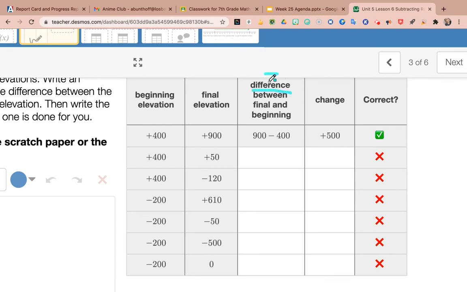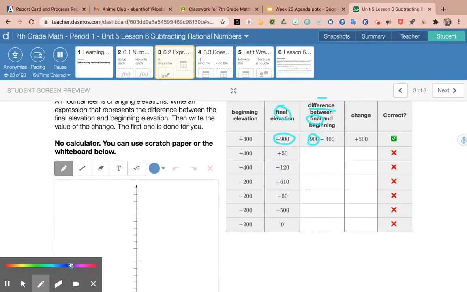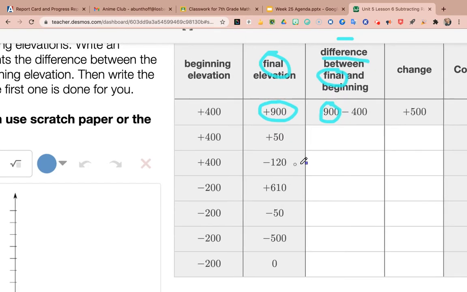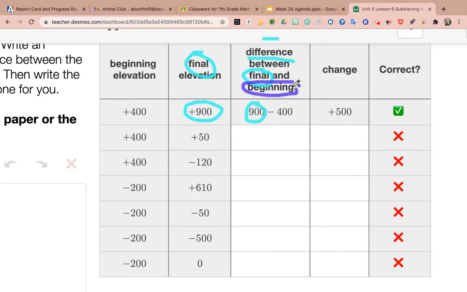Difference means to subtract. It says final first. So the number in the final column is going to go first. And then it said and beginning. Because final came first, final will be first in the equation.